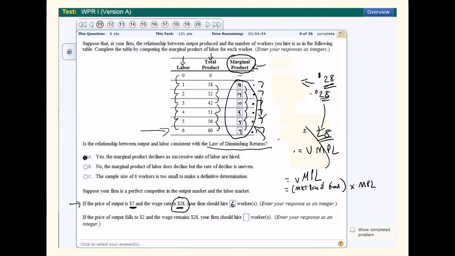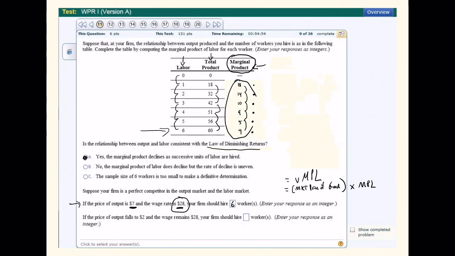I'm going to erase my work here just to answer the second question. It should be very similar. If the price of output falls to $2 and the wage rate remains at 28, how many laborers should we hire?